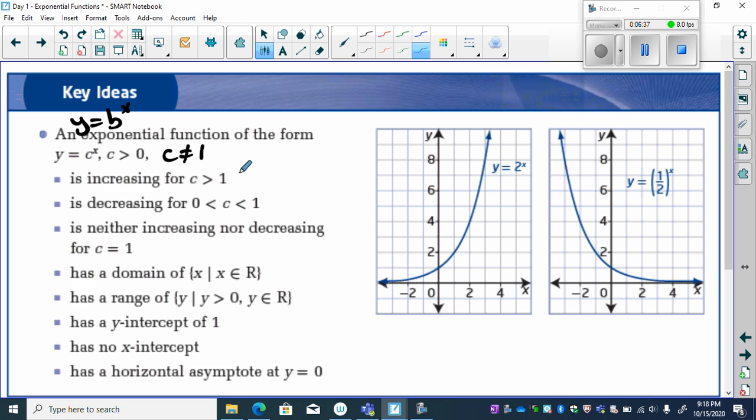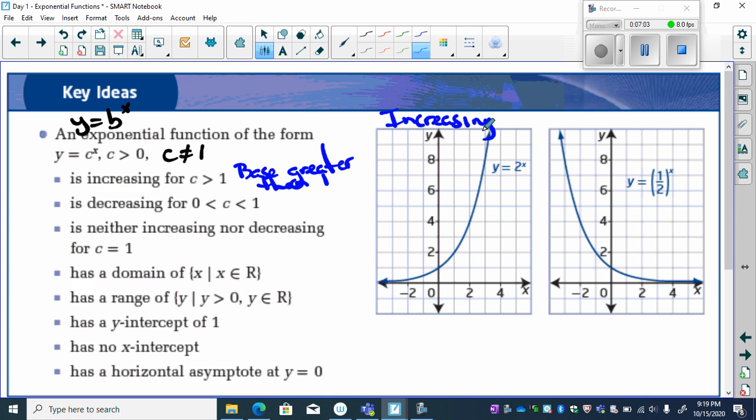This point says it is increasing for c greater than 1. So if the base is greater than 1, you get an increasing function. Increasing functions look like this. As your x values get bigger, as I work my way from left to right, look what's happening to my y values.